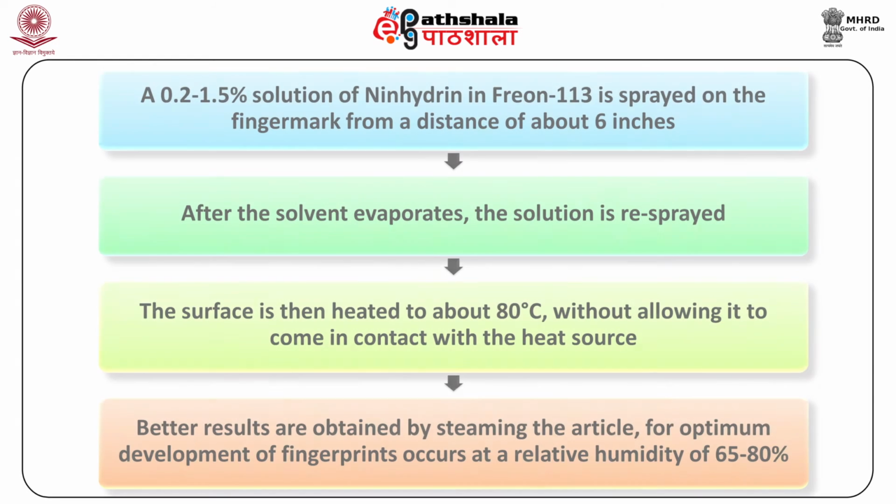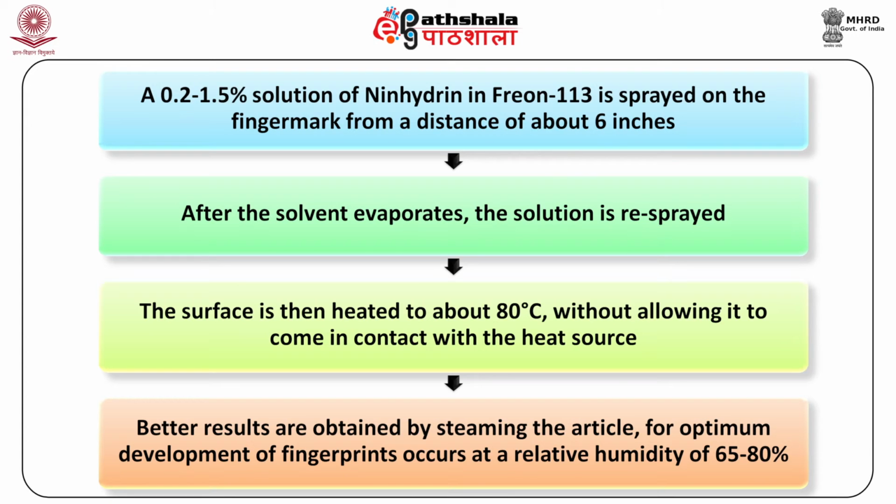A 0.2 to 1.5% solution of ninhydrin in Freon 113 is sprayed on the surface containing the finger mark from a distance of about 6 inches. After the solvent evaporates, the solution is resprayed.